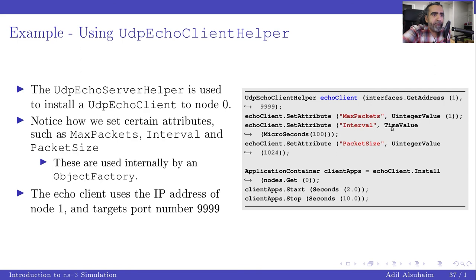And I'm going to specify an interval as a time value of 100 microseconds. And I'm going to specify the attribute packet size as an unsigned integer of 1024 bytes. And then basically using this helper object dot install, and I want to install it in node.get 0. This backslash here basically means the line continues, so this is not part of the code. And then set the starting time at 2 seconds and then 10 seconds.